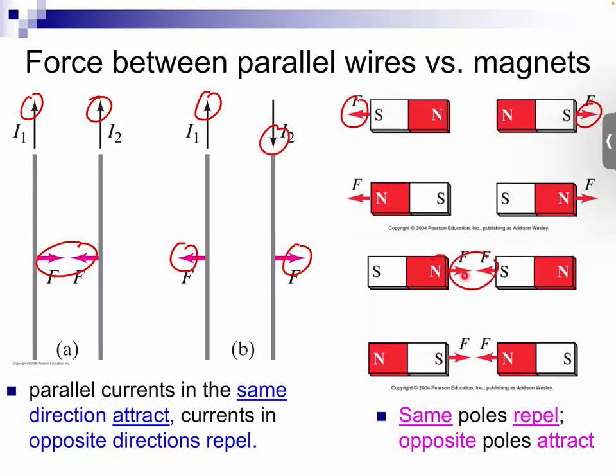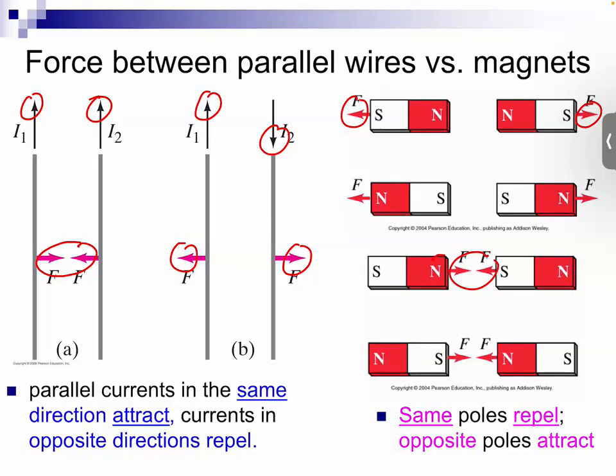So if you compare the direction of the forces, in a magnet opposite poles attract, whereas for current carrying wires, oppositely flowing currents will repel each other. So they're sort of opposites of each other.